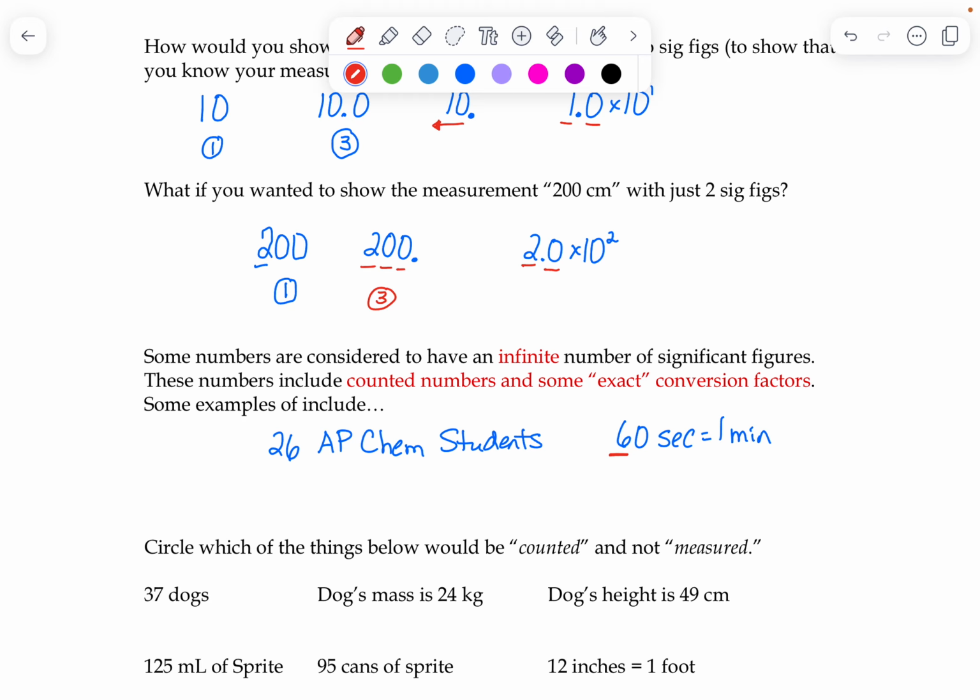So just the number 60 out there on its own, we would say has one sig fig. But when we make it a conversion factor, 60 seconds equals 1 minute, there's exactly 60 seconds in a minute. Not a little bit more, not a little bit less. It's 60 on the nose. We just don't write 60.000000 with infinite right zeros.